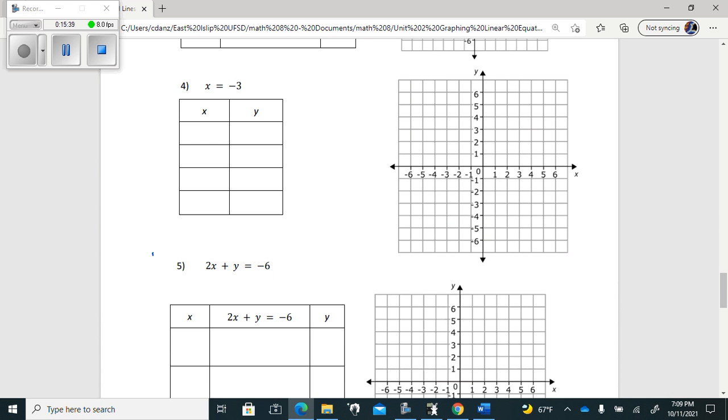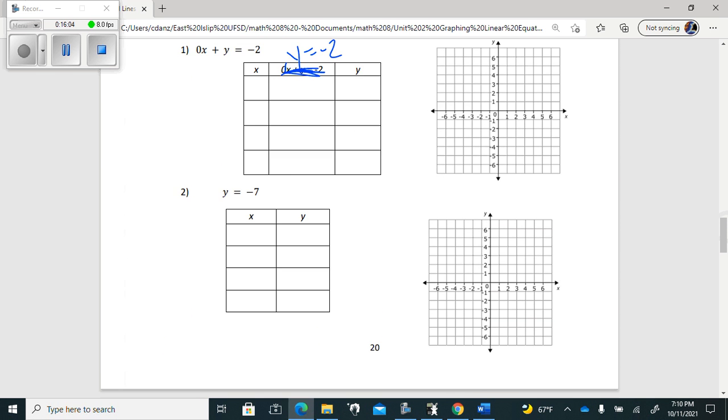Now number 5, star it please. Because do you notice in number 5, there is an x and a y, and I can't simplify this equation anyway. When there's an x and a y in your equation, this is a diagonal line. So you have to do the table of values.